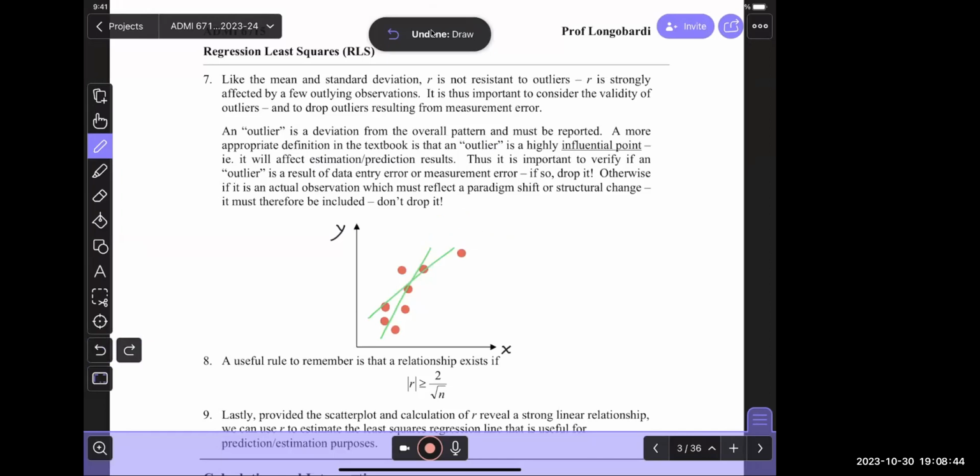It's going to drop. The y-intercept changes. It actually increases. And the slope decreases.